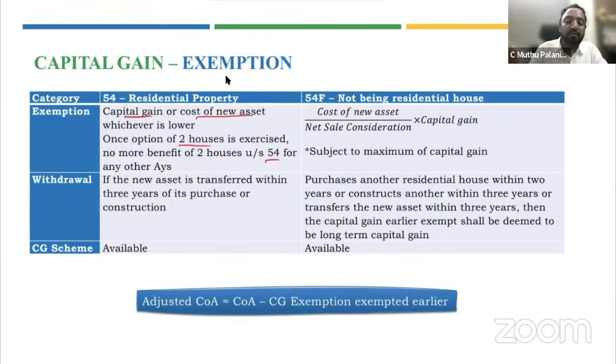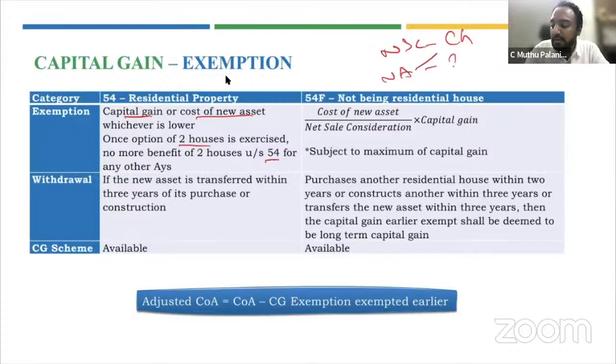And what about 54F? It's a proportion. I have sold a property for which the net sale consideration is this much, and my capital gain is this much. Now I am buying a new asset, what will be my proportion?